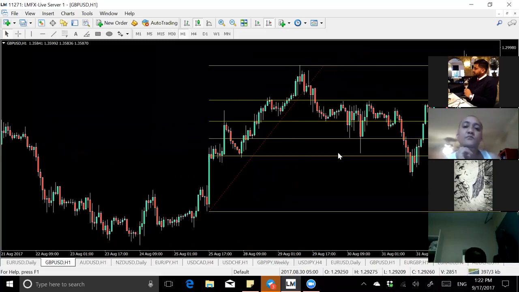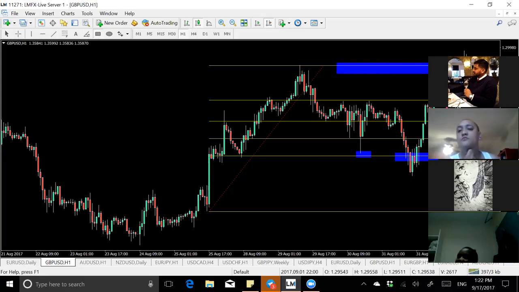Now, another thing with this: we know it's going to retrace, and these are your potential entries. Once it's retracing, you can buy here, you can buy here, at 61.8, and then your potential take profits would be up here, for all of those, because this was an uptrend break.